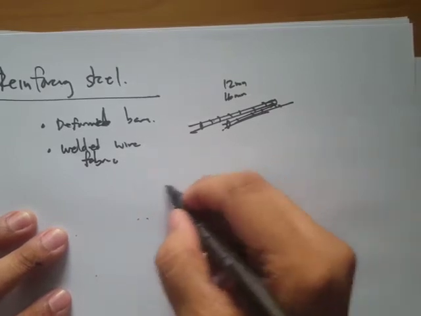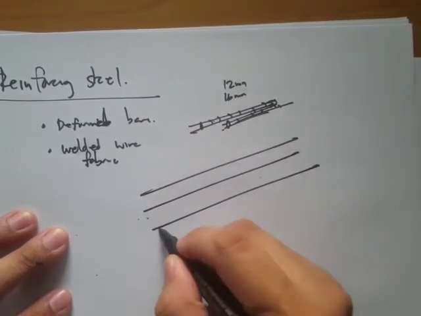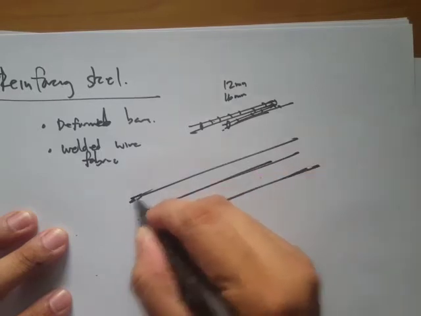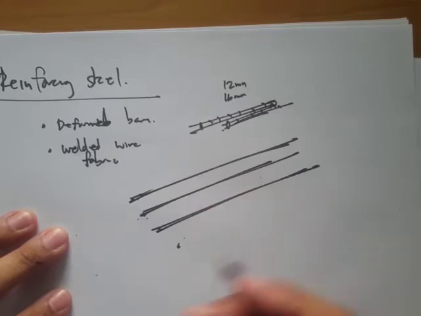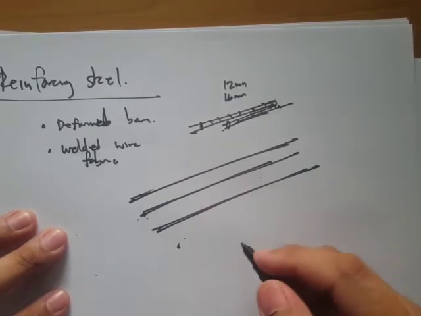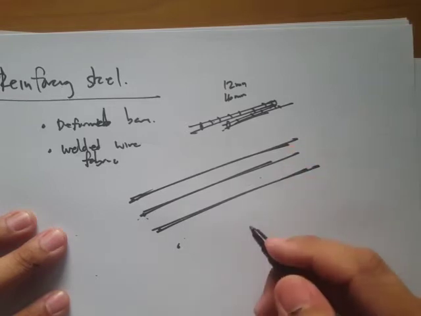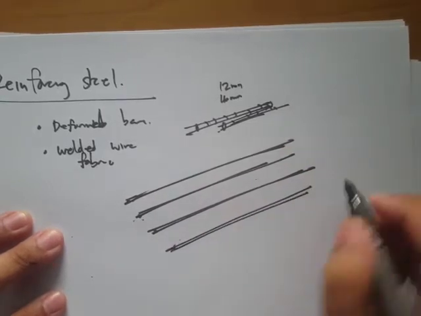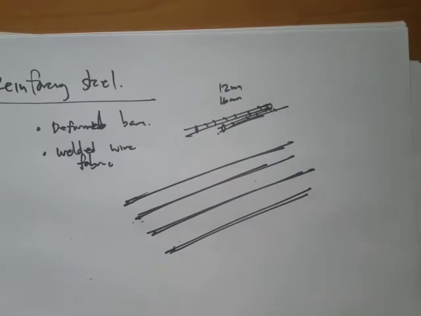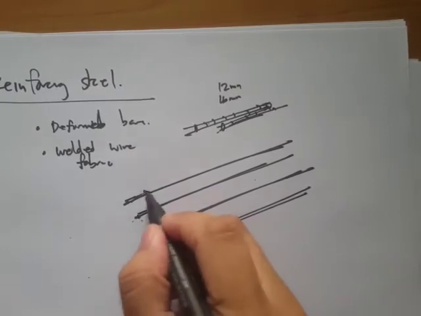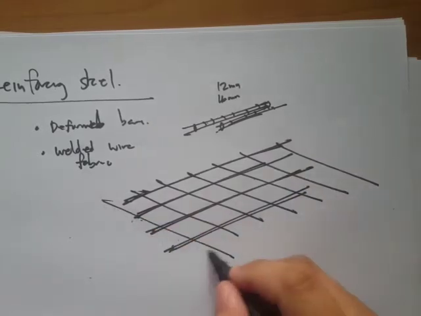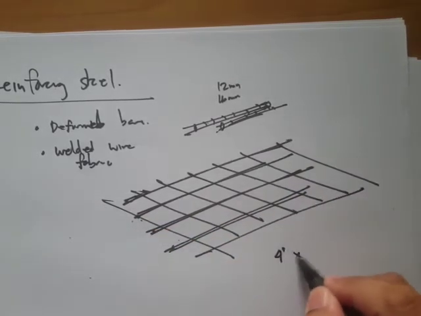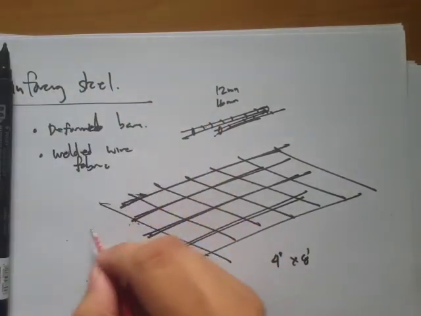The welded wire is actually a wire mesh. It's made of solid wires, let's say 3 mm in diameter. You can buy it in, let's say, 4 by 8, so that's 4 feet by 8 feet.